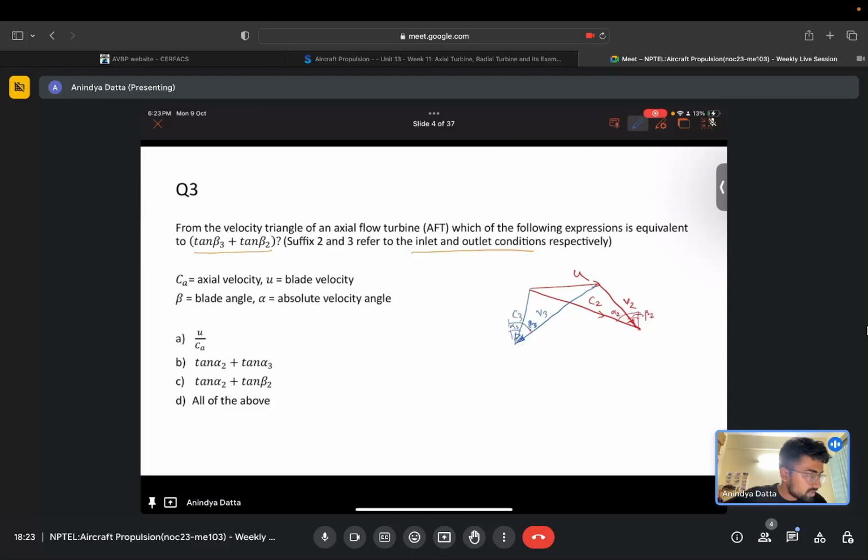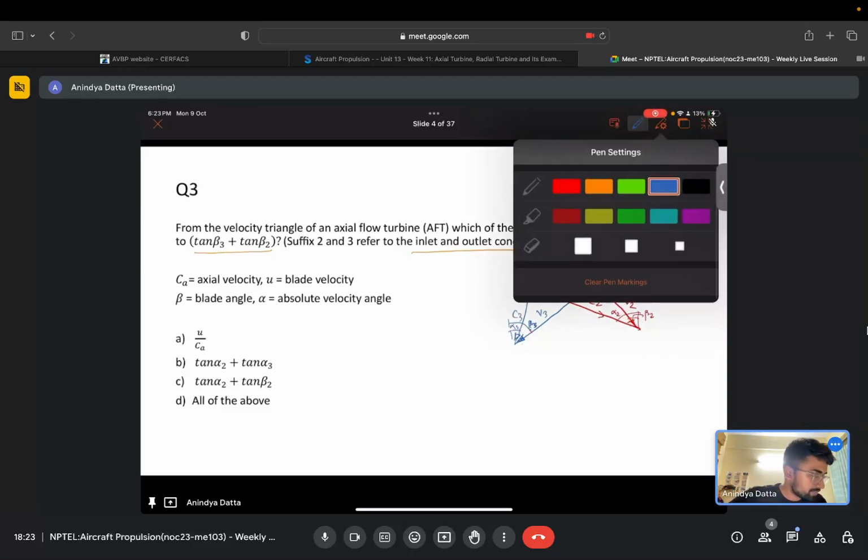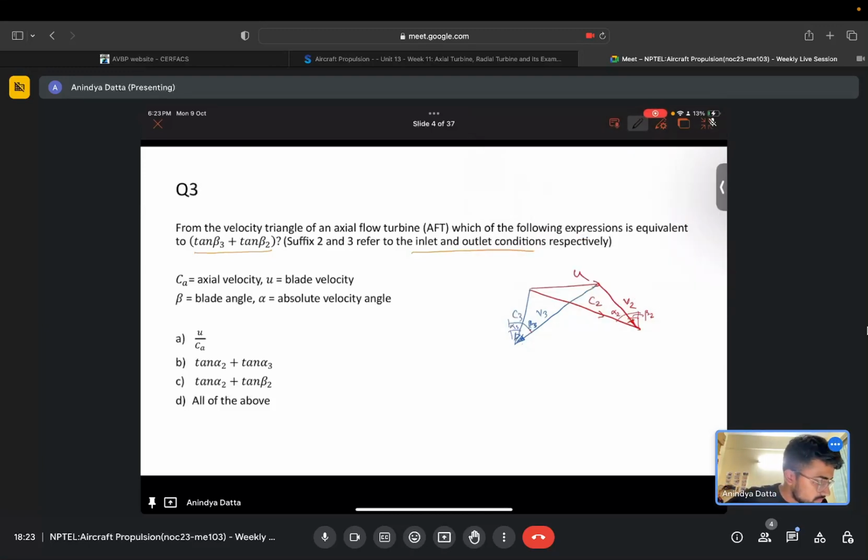Now from the geometry of velocity triangles we can get two relations, and one thing is that this is equal to CA. If we do some trigonometry, we'll get these two relations.